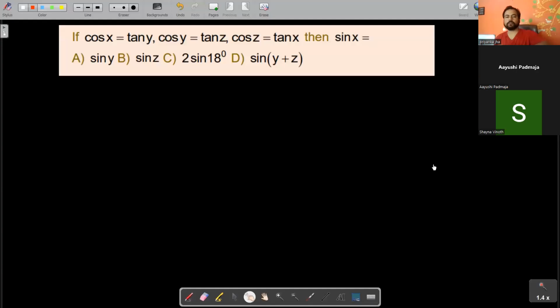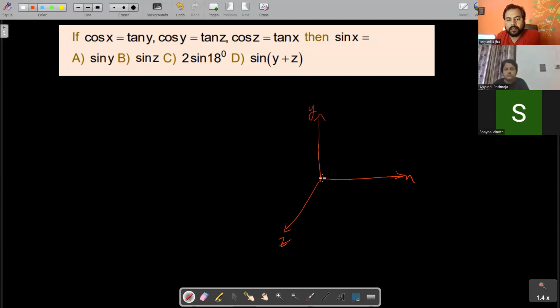If a line makes angles alpha, beta, and gamma with the x, y, and z axes, then what is cos square alpha plus cos square beta plus cos square gamma? Okay, see, suppose this is the x-axis, this is the y-axis, this is the z-axis.